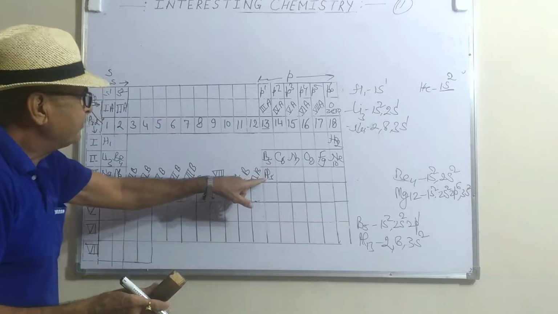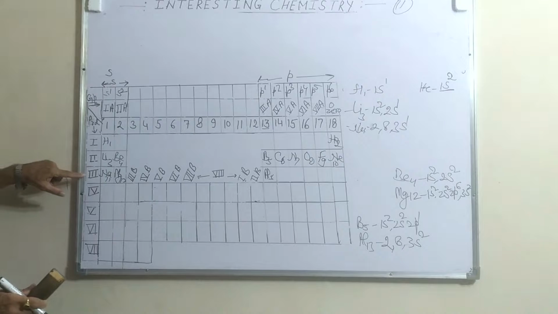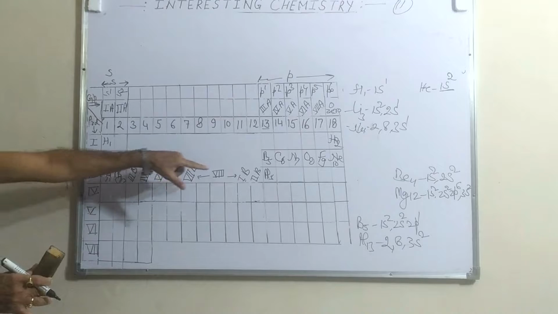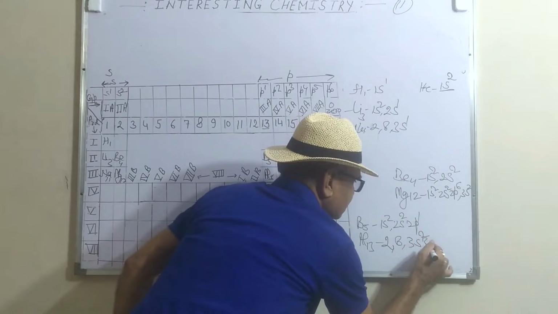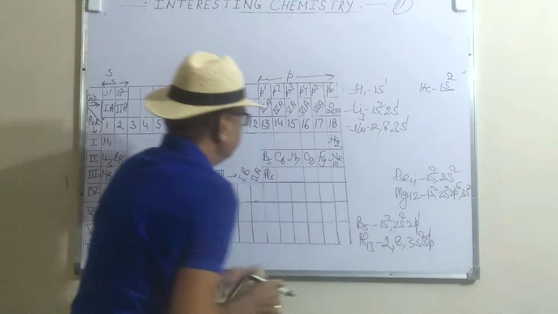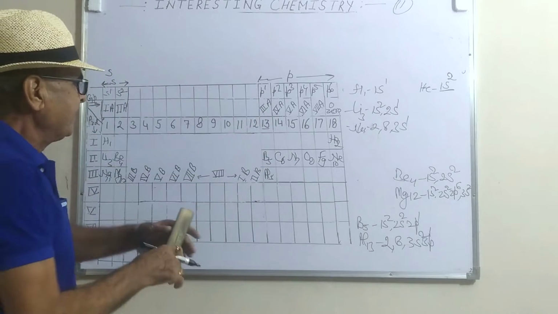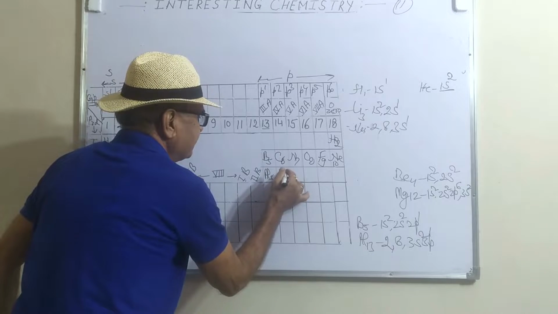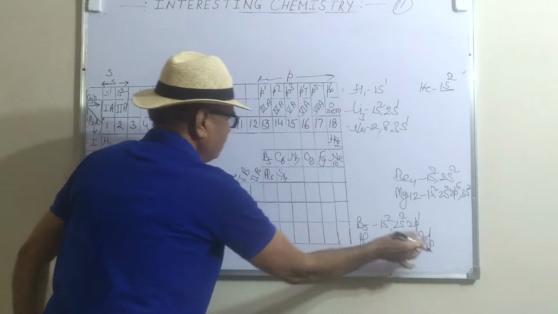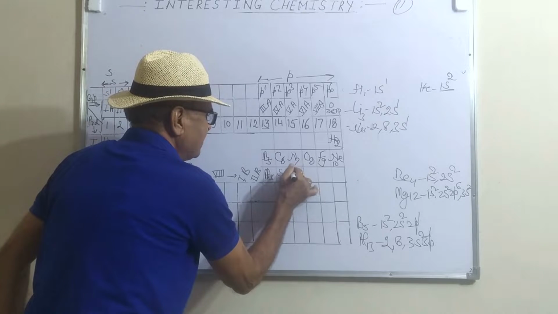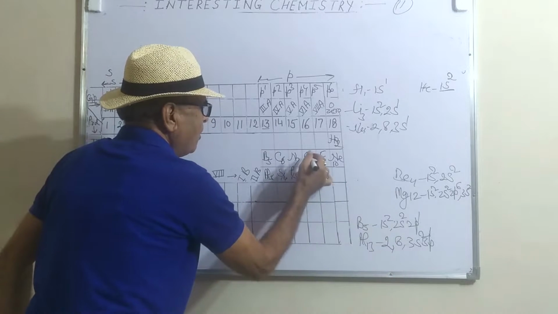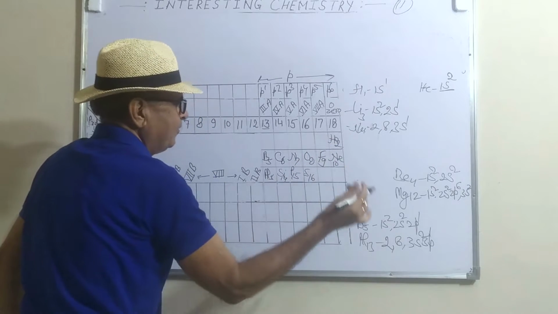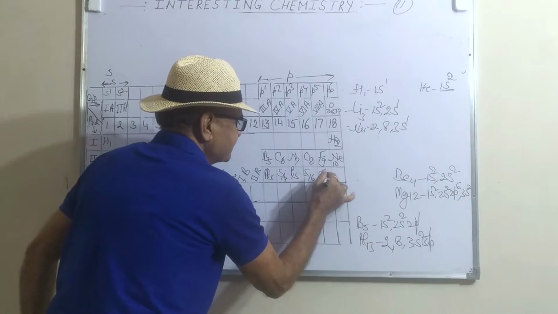Now here p will start, so we will write 3. Which p? Third p. So you will write here 3p1. The p starts from here again, in the same way for aluminium. 14 number silicon will be p2. Phosphorus 15 is p3, sulfur 16 is p4, and chlorine is 17.